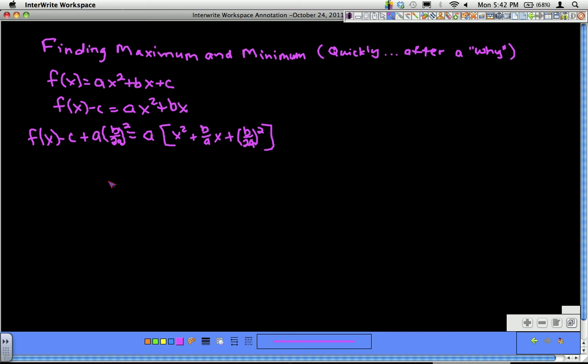So on the left side here, a little bit uglier than what we had before, but this is going to turn into b squared over 4a squared. And then when I multiply that by a, the a and the a squared are going to reduce. So we're actually going to take that down one step, and we're going to end up with b squared over 4a.